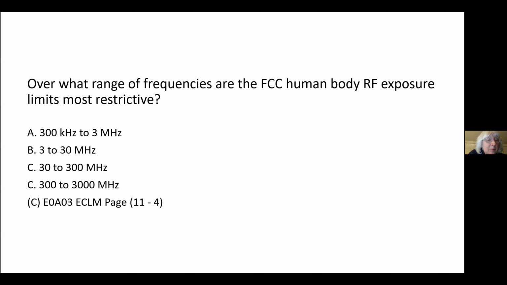E0 Alpha 03. What is the actual frequency? 30 to 300 megahertz. Why wouldn't it be the higher frequency one for microwave? Why wouldn't it be Charlie 2?